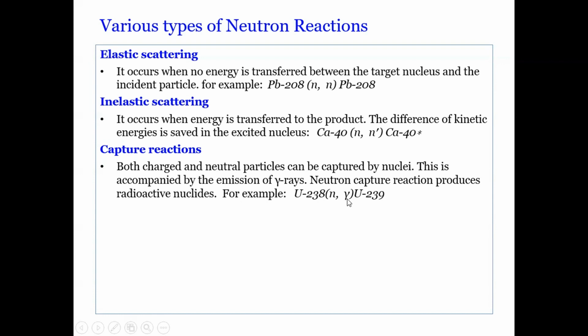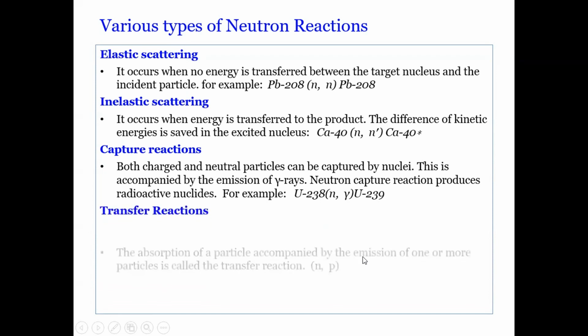In its excited state, it emits a gamma and becomes stable U-239. So a capture reaction has a gamma emission, and sometimes it is termed as a radioactive capture or radiative capture.